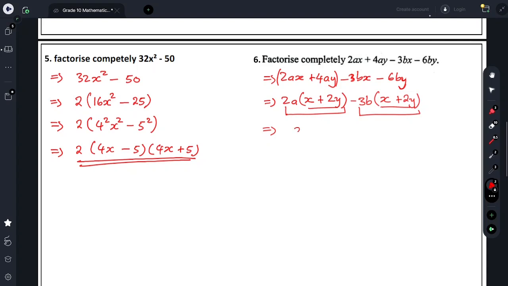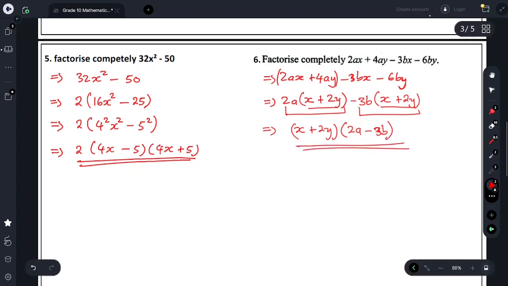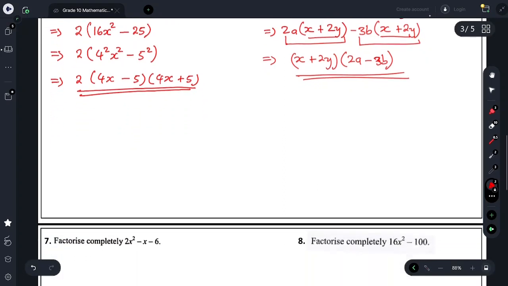So you say x plus 2y, you put it there. On this term here, you remain with what? You open brackets, you remain with 2a. Then here there's minus. Then on this other side, you remain with negative 3b. Then you close like that. So that will be the final answer. So we'll continue.